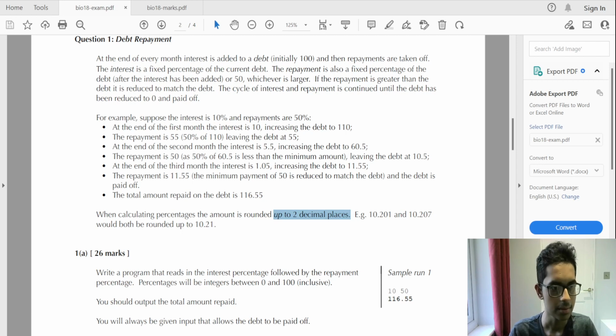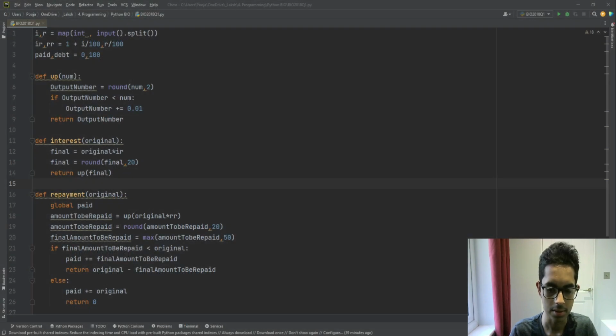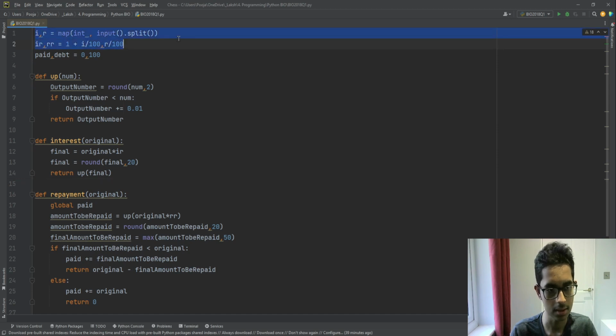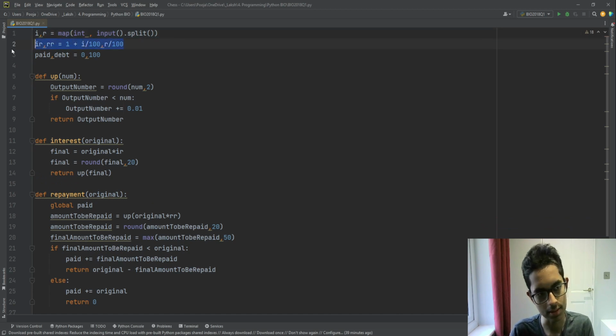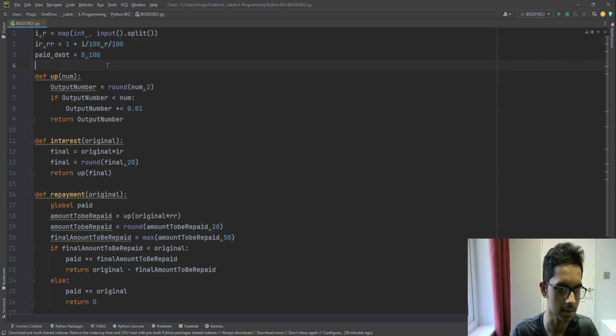Okay, so initially inside the program, if I just quickly go to the code, we accept two inputs, the interest rate and the return rate. These are I and R. Now, the reason why I have labeled an interest rate and return rate is because I want to first convert them into decimals, since the 10 and 50 aren't very useful, but with these IR and RR, interest rate, return rate respectively, we can just directly multiply them, which is much more convenient than having to fiddle around with the percentages.